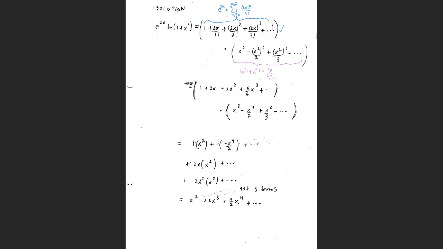It starts at n equals 1: negative 1 to the n minus 1 power times x squared to the nth, all over n.